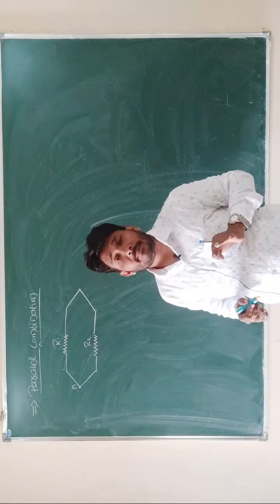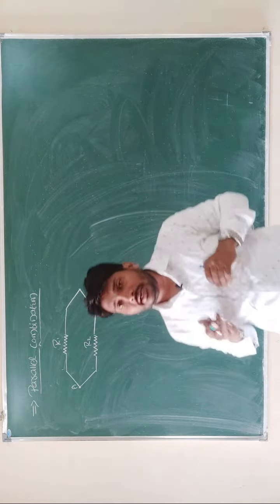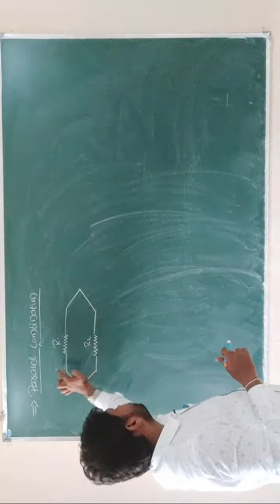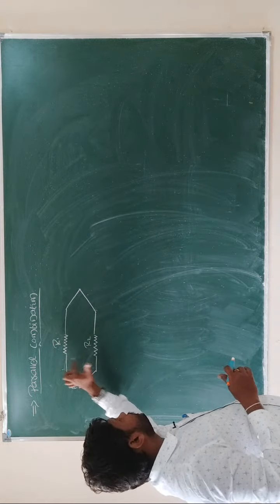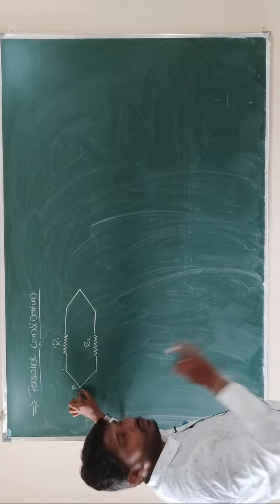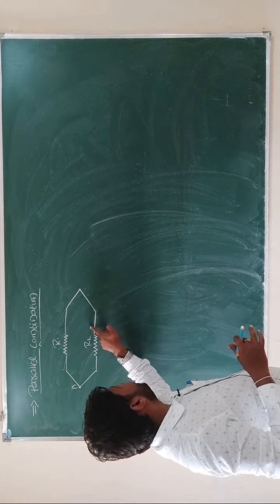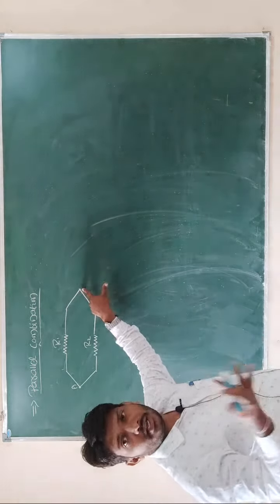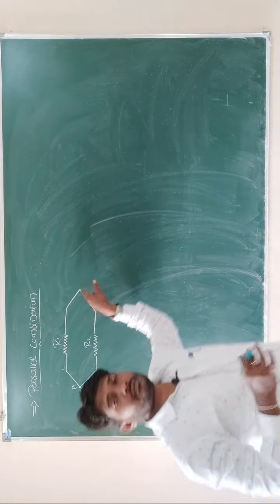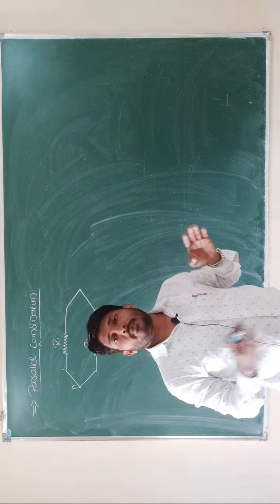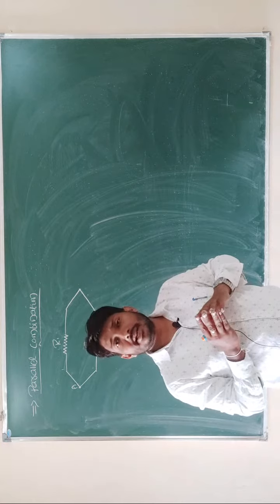In case of parallel combination, how to make the parallel connection here? All the elements are connected between two common points. So look here. The first ends of the resistors I made into one common point, and the second ends of the first and second resistors I connected to another common point. Such kind of connection we consider as parallel combination.